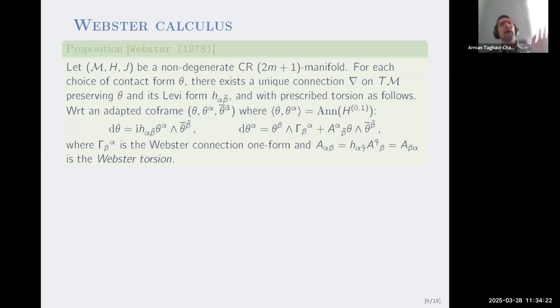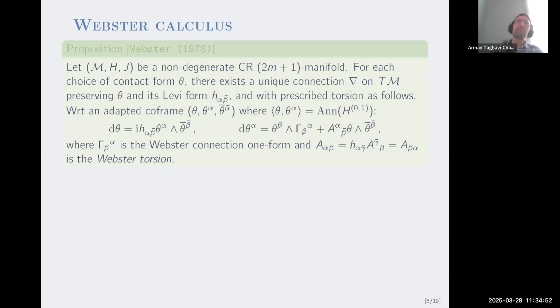Here I'm making a point. I want to draw an analogy between conformal geometry and CR geometry. In conformal geometry, you have an equivalence class of metrics, and then you can choose a metric and you have the Levi-Civita connection. Here I can play the same game. I have my CR manifold, I have a family of contact forms that are conformally related, and I'm choosing one.